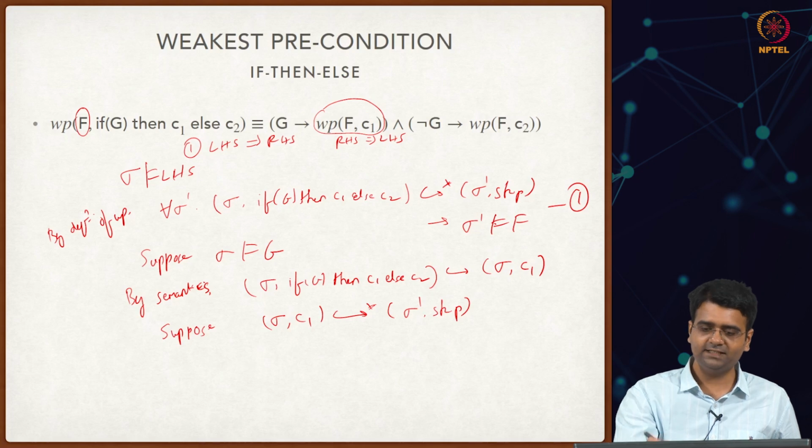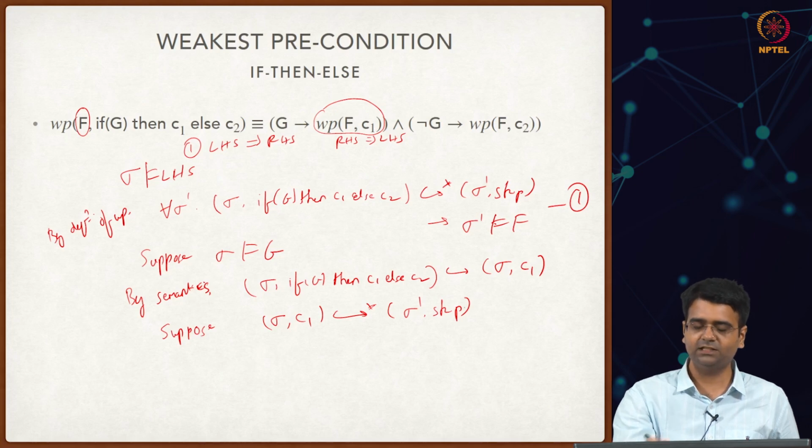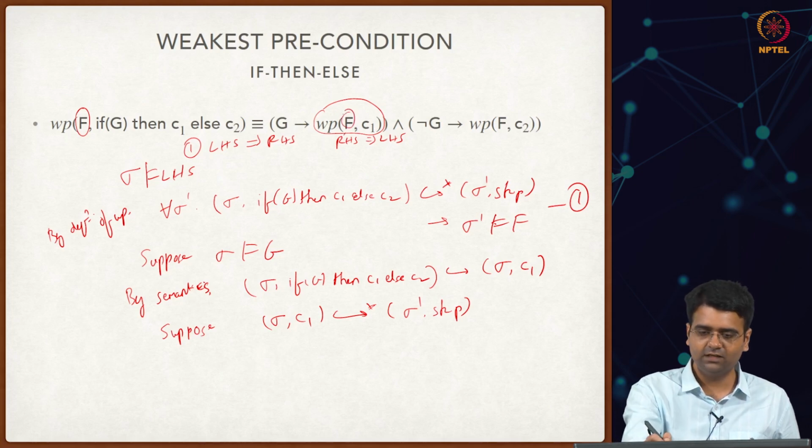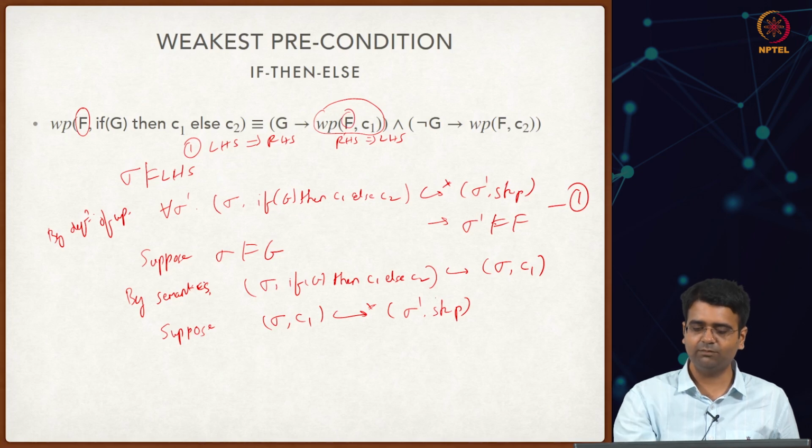To show that sigma is in WP F comma C1, I would need to show that this sigma prime is in F. If I can show that sigma prime is a model of F, that would mean that sigma must be in WP F comma C1, because sigma prime is any state obtained after executing C1 on sigma. So from the definition of weakest precondition, if I can show that sigma prime is in F, then I am done.